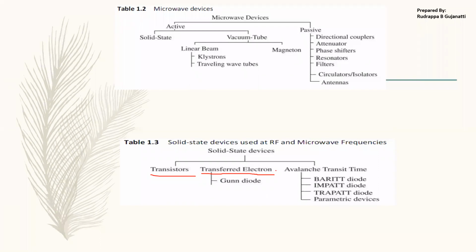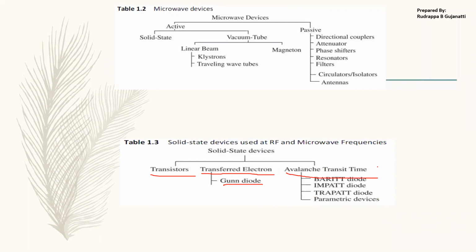When you go in depth a little later, you'll come across these concepts: what is meant by transferred electron, and what is meant by avalanche transit time. Here you have the Gunn diode, which falls under this. Then diodes which operate on avalanche transit time are the Barrett, IMPATT, and TRAPATT diodes, then parametric devices. These are just a few to name.